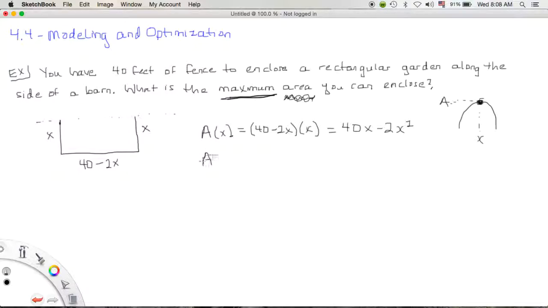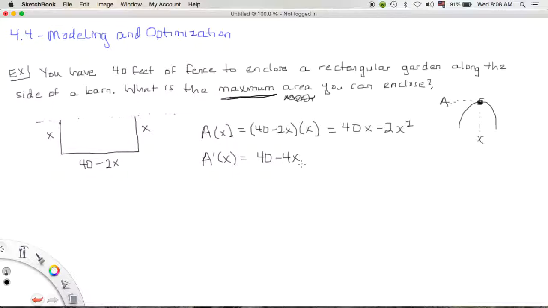So just like we were doing before, we take our derivative and find the maximum. Well, we've got to find the critical points. We're going from 0 to 40, right? X has to be between 0 and 40. And our function is defined at all places.